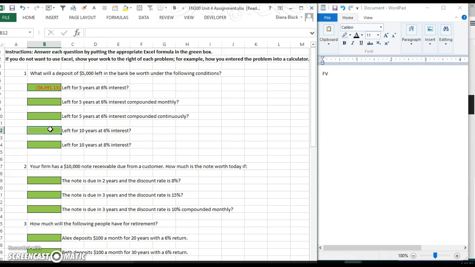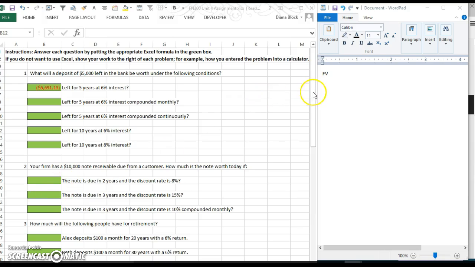If it's quarterly compounding, you'll divide it by 4. Get the idea. And so you'll enter the interest rate, and then you'll enter the actual number of periods that the money is going to compound for. And you'll enter the present value, and Excel will give you the answer. So this first set of problems, you're going to use that future value function.